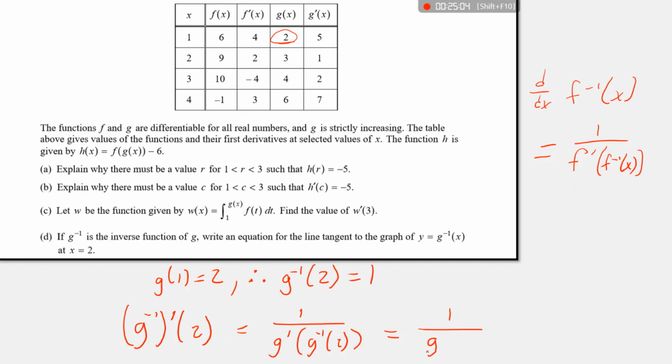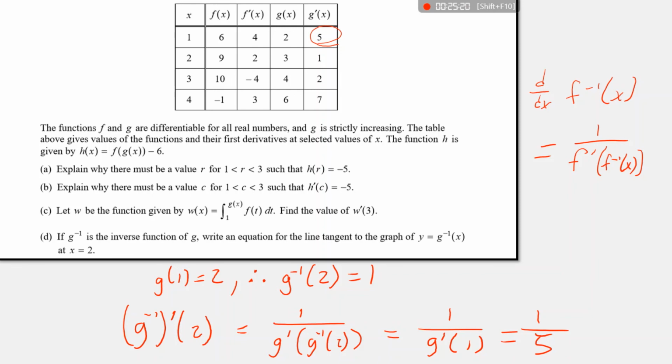So that's the derivative of the original function at x equals 1, which was 5. So that's 1 over 5.